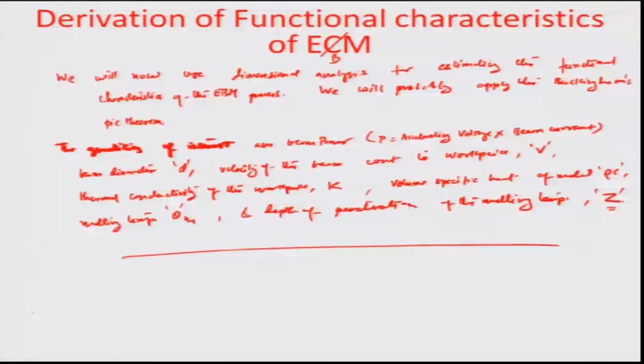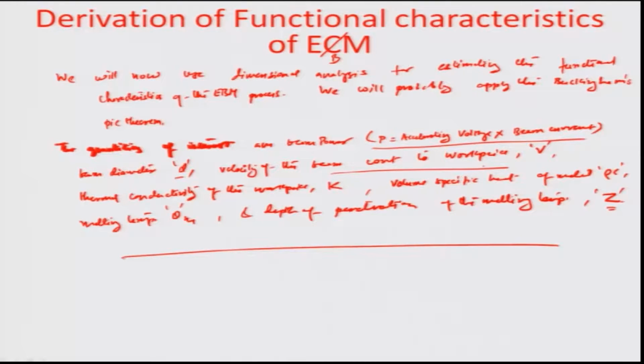So, in context of that, we had figured out some quantities of interest related to the functional characteristics of an E-beam process. The main characteristics were the beam power, which was a voltage current product, the accelerating voltage and the beam current product, the diameter of the beam d, and the velocity of the beam with respect to the workpiece.